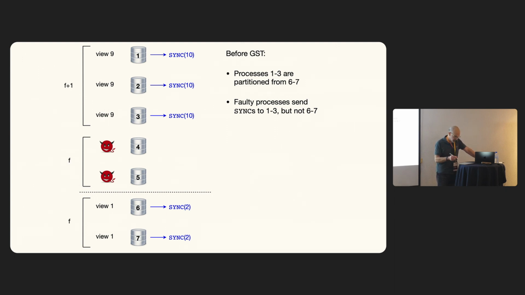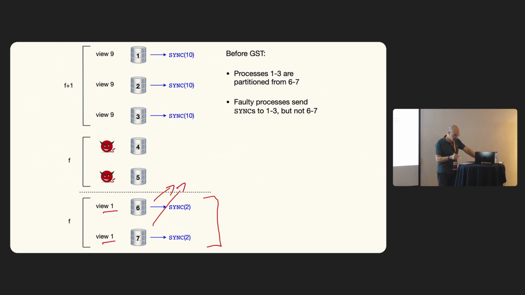We can have two correct processes here, and they are stuck in view 1. Why are they stuck in view 1? Because no messages from these processes have been propagated to the rest of the processes. So they are essentially partitioned from the rest of the system, because of the message loss.